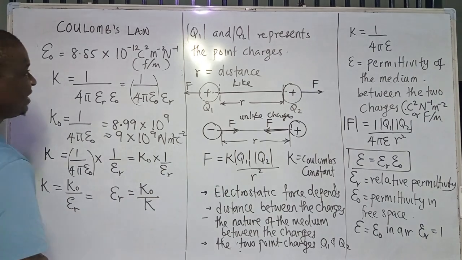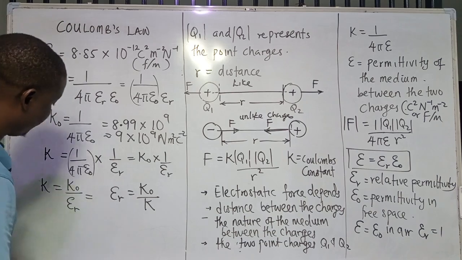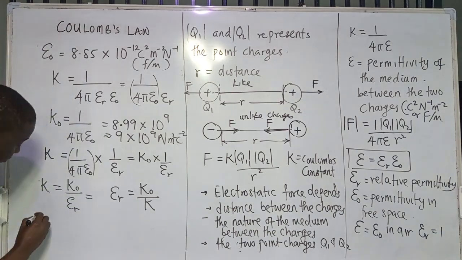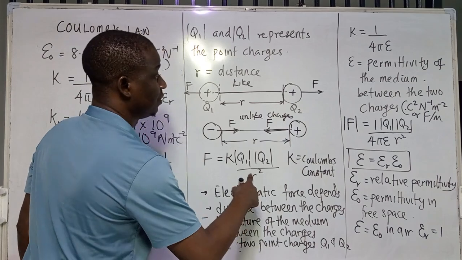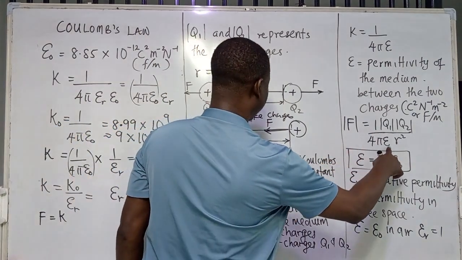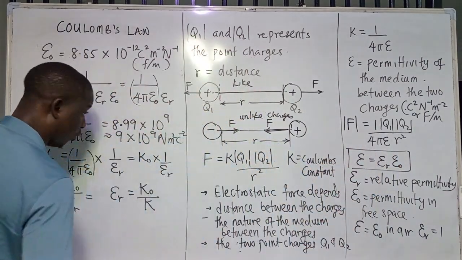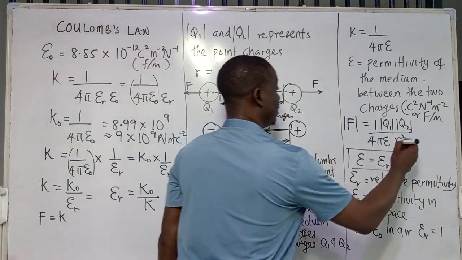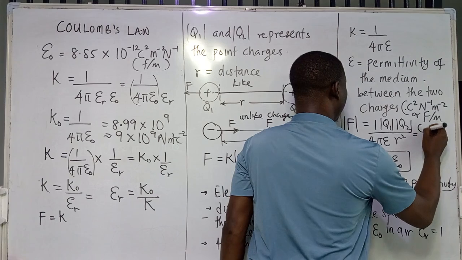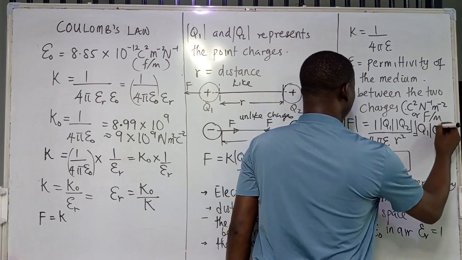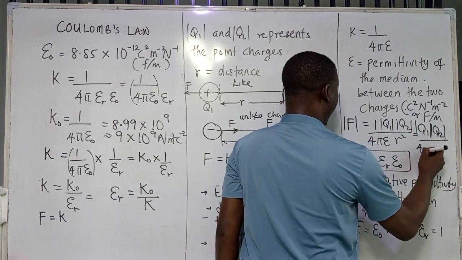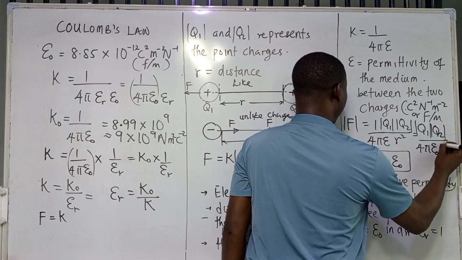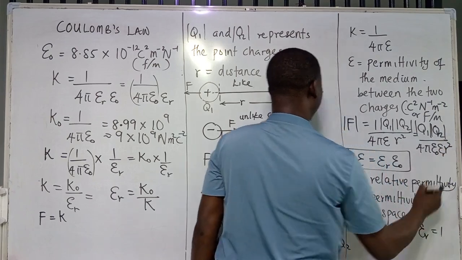So in a medium, we can now say F is equal to K, Q1, Q2, divided by 4 pi epsilon naught epsilon r, r square.